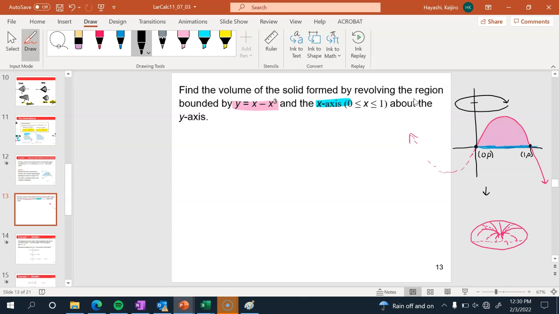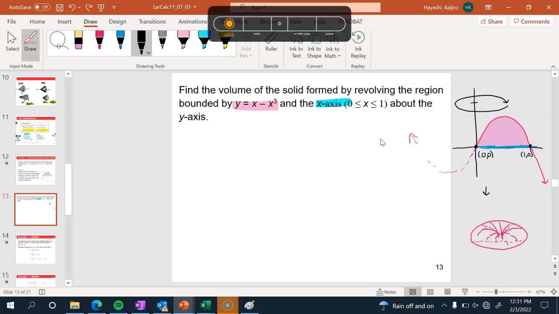I mean the equation of the x-axis is y equals 0, so what you would do is set y equals 0 equal to y equals x minus x cubed, and then just sort of factor until you find your x values where they intersect. And technically you would find a third number, -1, but that's clearly not what's being talked about.